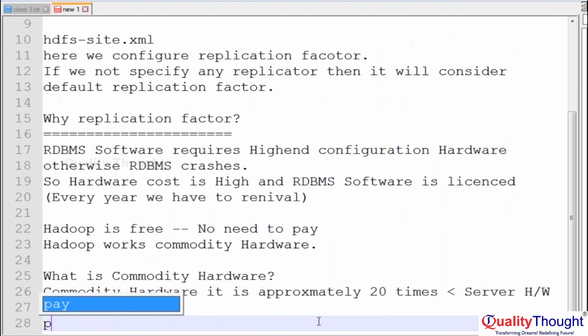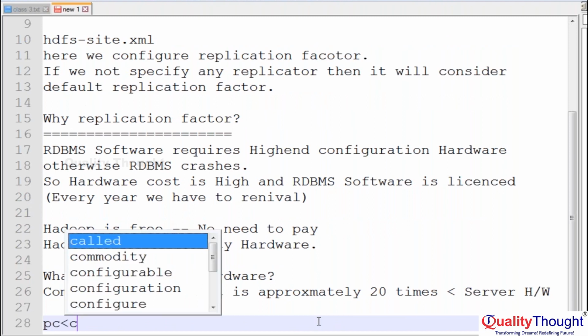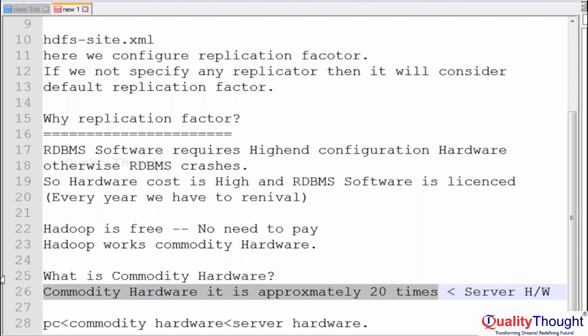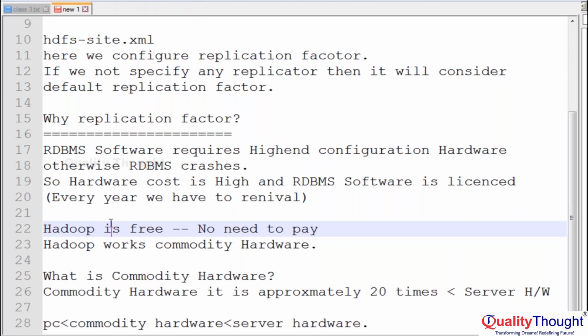PC hardware is less than commodity hardware, and commodity hardware is less than server hardware. So instead of buying one server hardware, we can buy 20 commodity hardware systems. So the software is free and it works on normal hardware.